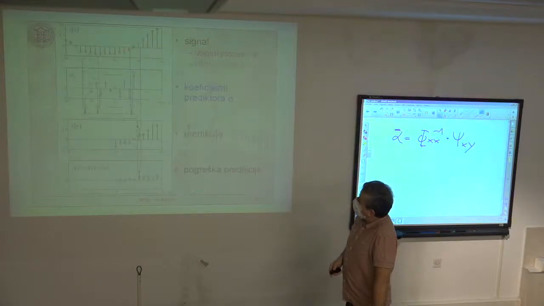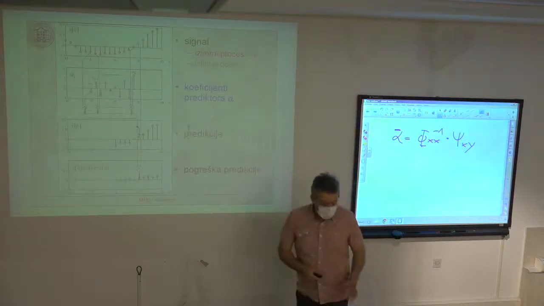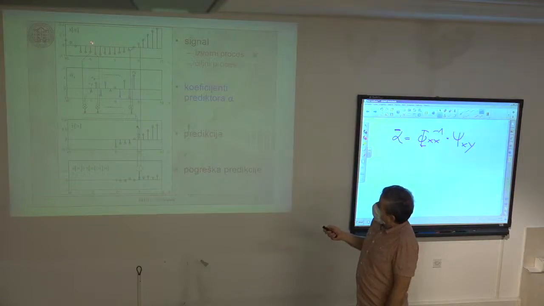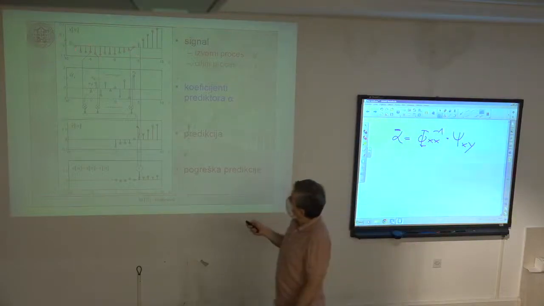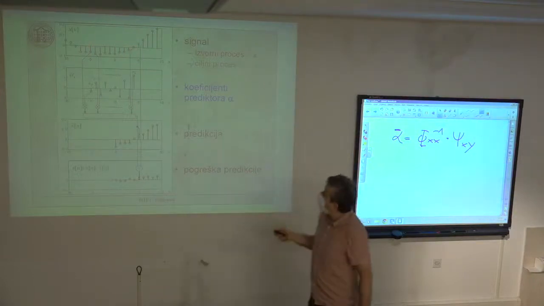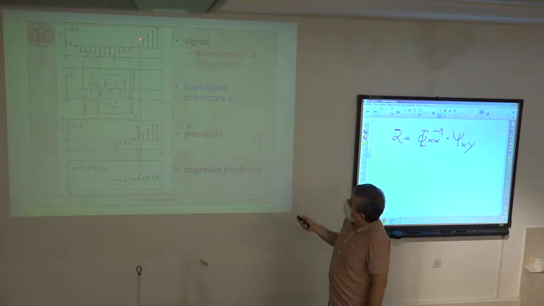Okay? If I want to depict this process of prediction, assume that this first plot shows the actual signal. The samples which are shown in red color, from the index -5 up to index 4, these red samples are used to predict the current sample x of 5, the green sample.